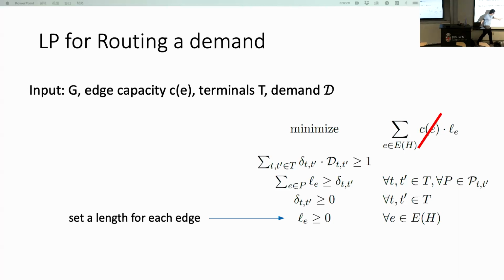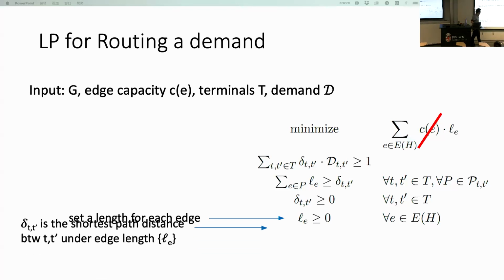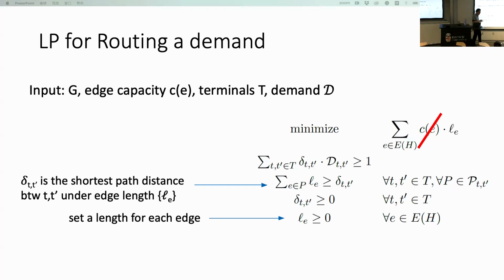But what about the delta values? The only connection between the l's and deltas is this constraint. It says for any pair of terminals and for any path connecting this pair, the total length of all edges in this path is at least the delta value between them. Another way to say it is that the delta value is the shortest path distance connecting these two vertices when the graph has edge weights l_e. So all these lines are saying that the l_e's are lengths and the delta's are distances.